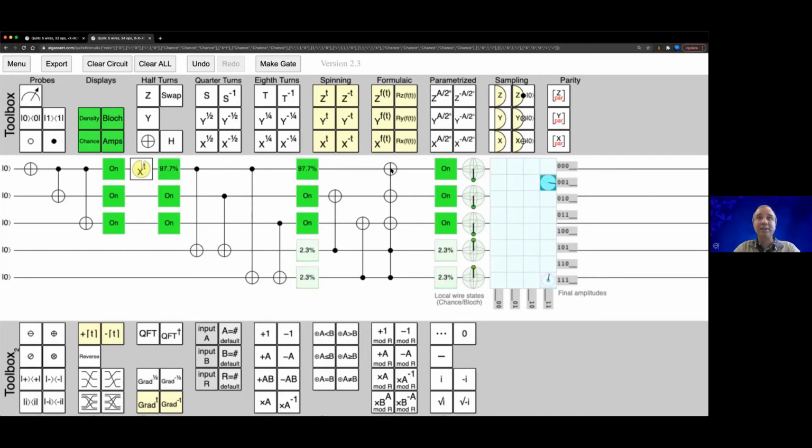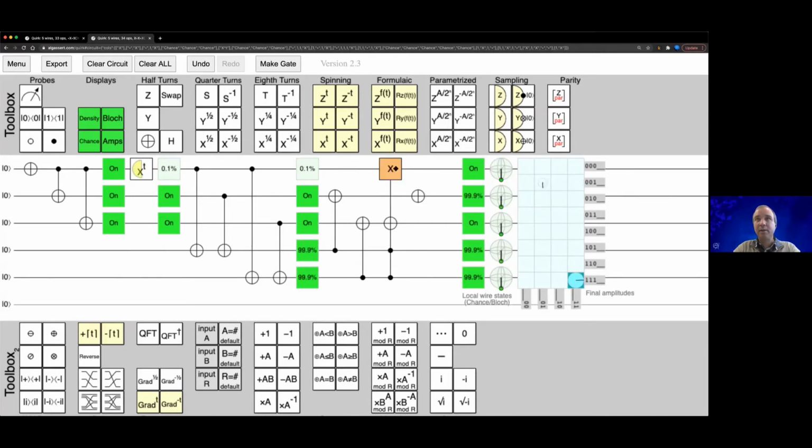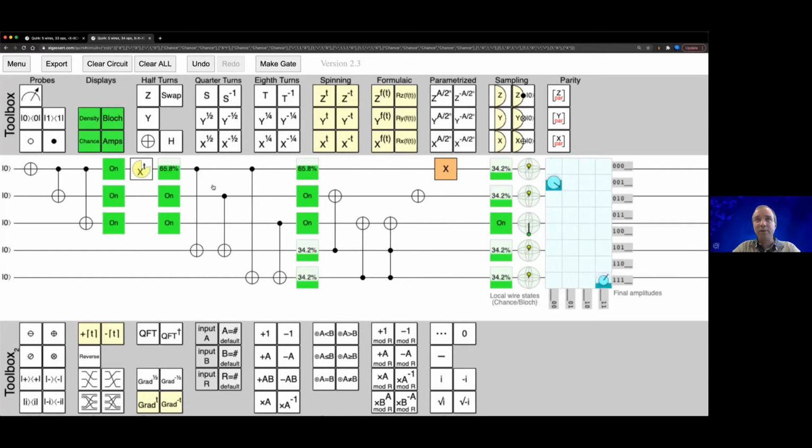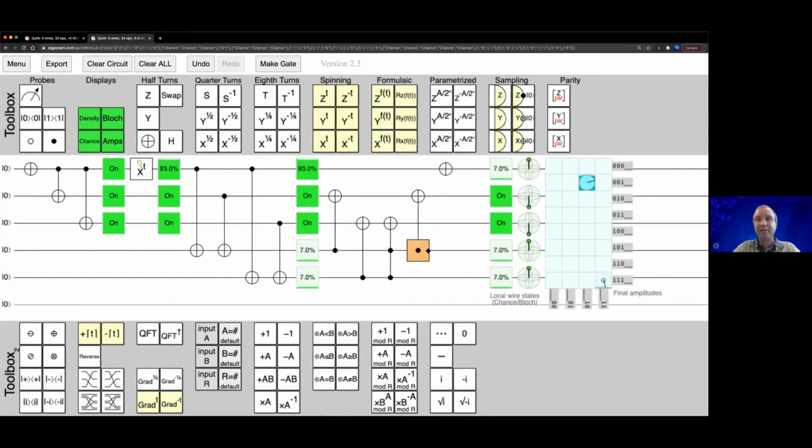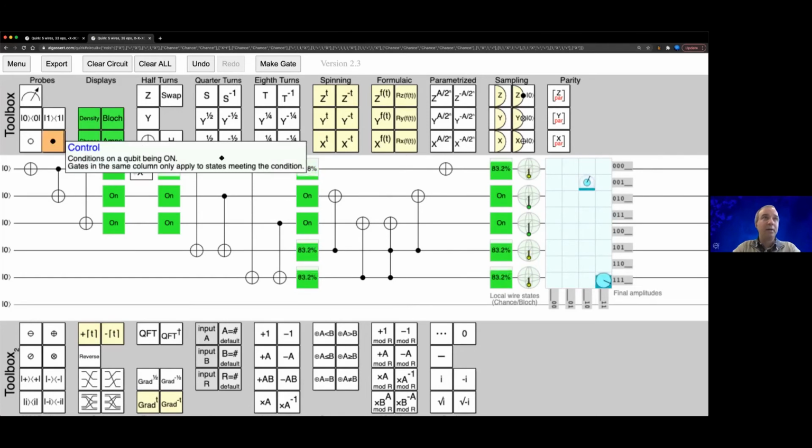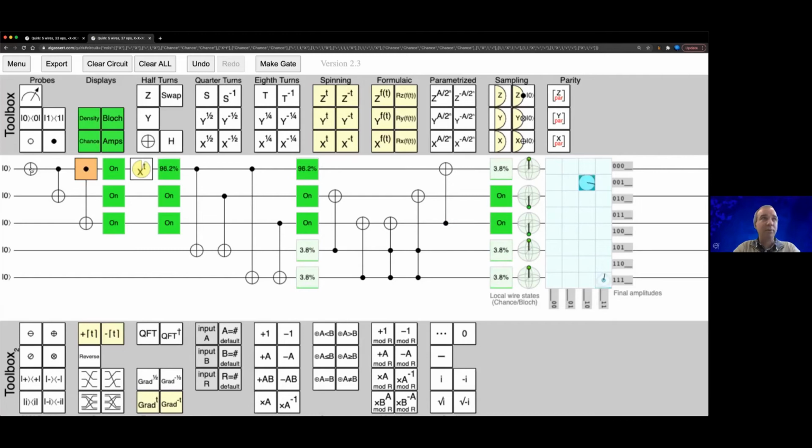Okay, so you could do this independently. Let me do it like this. You could have also this, which is exactly the same, 3 independent 3-qubit gates, Toffoli gates. Sorry, this should be controlled by this. Okay, and the effect is, of course, the same, but I just use it together to have a shorter circuit.